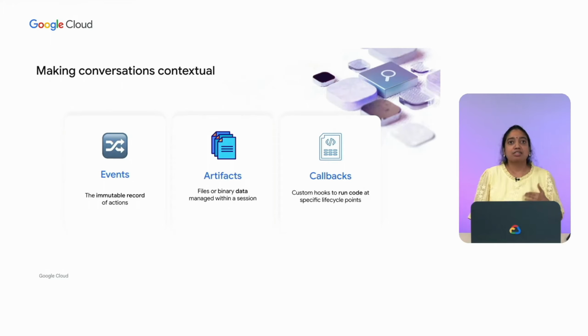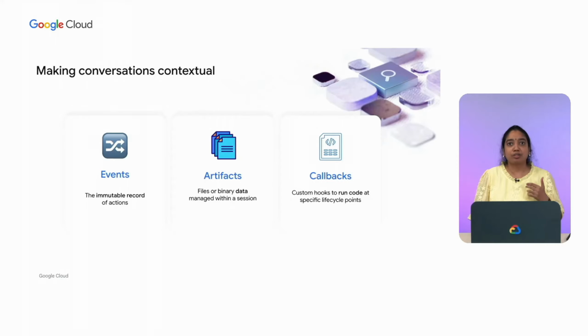Beyond just storing data, robust agents need structured ways to record actions, manage files, and allow you to intervene in their logic. ADK handles this through events, artifacts, and callbacks. An event in ADK is an immutable record representing a specific point in the agent's execution.